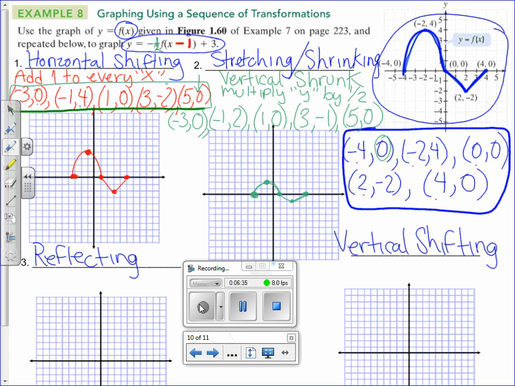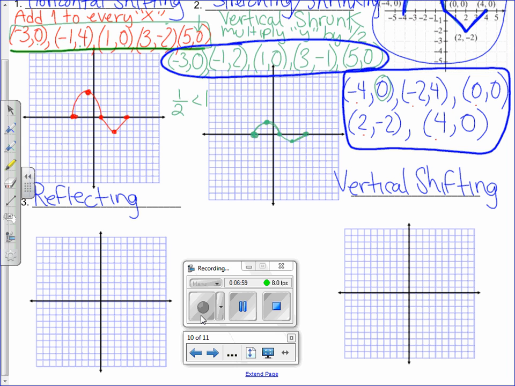And you can tell that there was a vertical compression, and that was because the constant was 1/2, which is smaller than 1. So let's move on to the next one. And when we do the next example, we're going to use the points that were used to graph the vertical shrinking. So those will be our reference points.